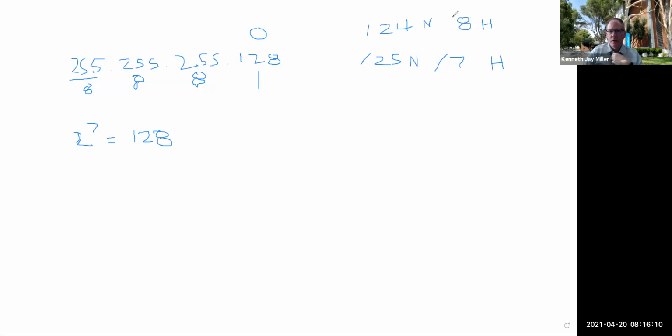Because 24 plus 8 is 32, just like 25 plus 7. So we borrowed one of the host bits to have more networks, less hosts. Okay, that's basically what that is doing there. So if we look at this .128, normally 2 to the 8th is 256.